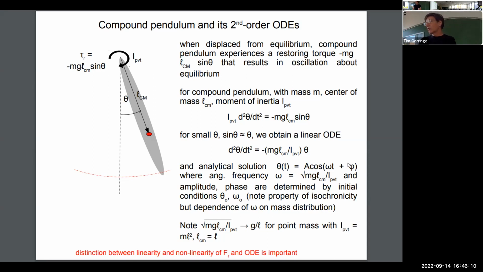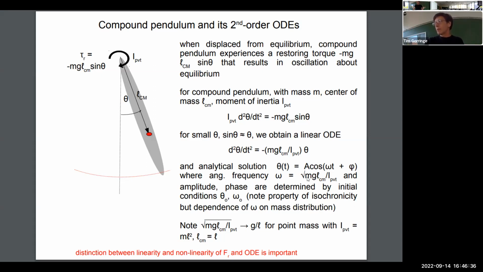The analytical solutions for this compound pendulum have exactly the same form as the simple pendulum, because the ordinary differential equation has exactly the same form as that for the simple pendulum. The frequency is again determined by the parameters of the pendulum.